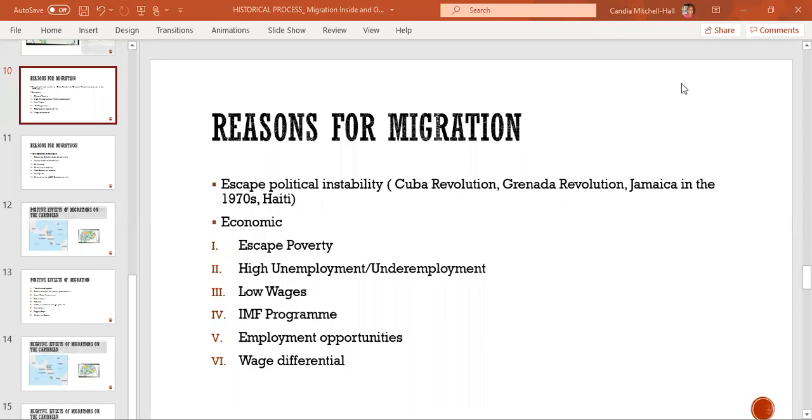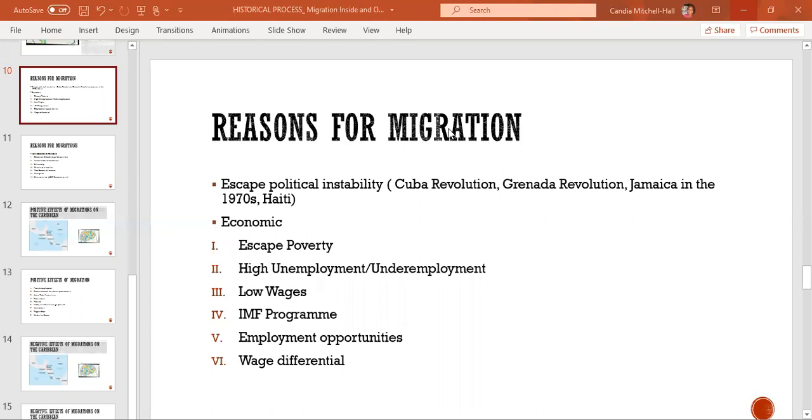People migrate to escape political violence and instability. Countries going through political turmoil, and so a lot of people are going to leave to escape political violence or instability.